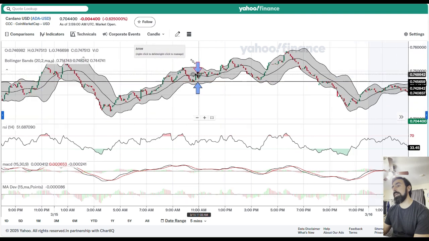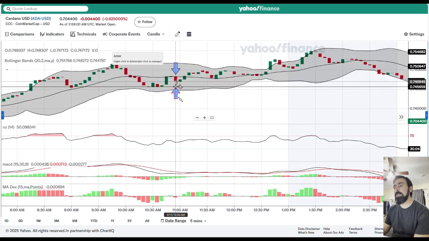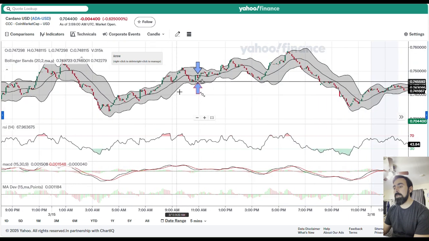I think I got in here because I was expecting it to come over the, MACD was still positive, and the price was not deviating as far from its moving averages anymore.